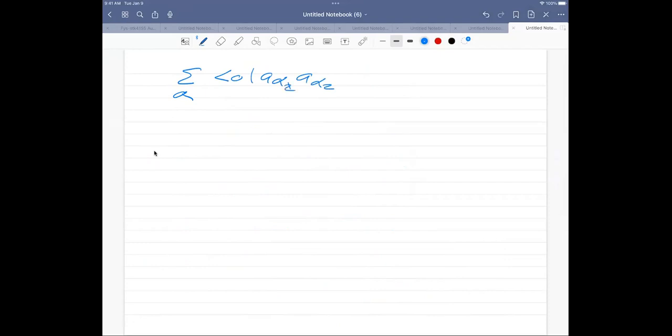Actually, it's alpha 2 here because we're taking the transpose. And then we have this element, epsilon alpha, of A alpha dagger, A alpha. And this is multiplied with alpha 1 dagger of alpha 2 dagger. And then we have 0. So this is the expectation value which we need to look at now.